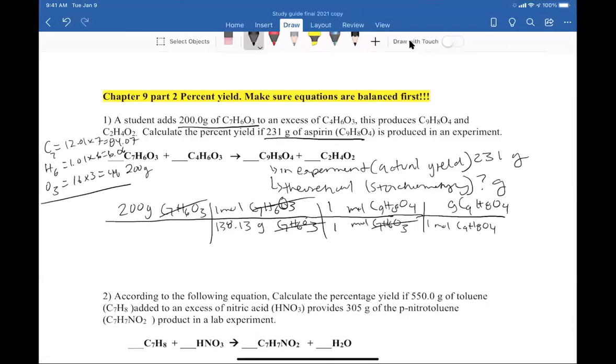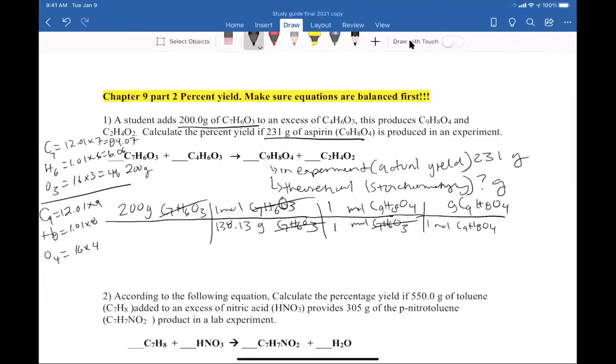So again, C9, we said C is 12.01. We want to do that times 9. H is 1.01. We want to do that times 8. And then O is 16 times 4.